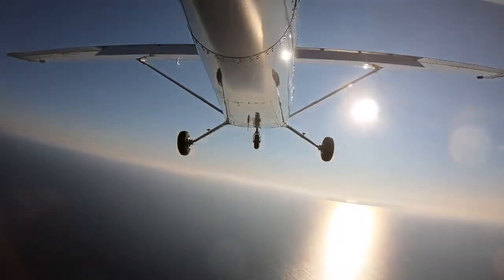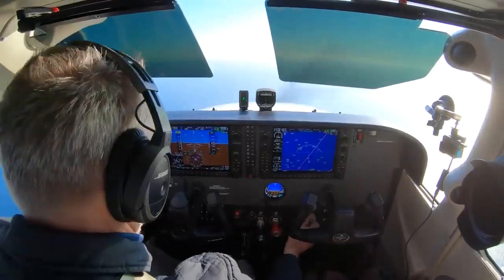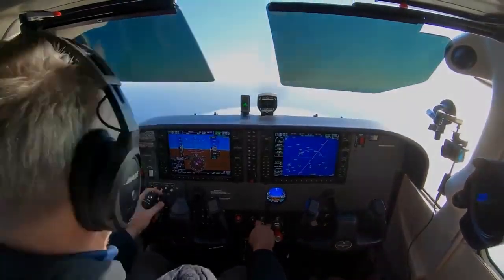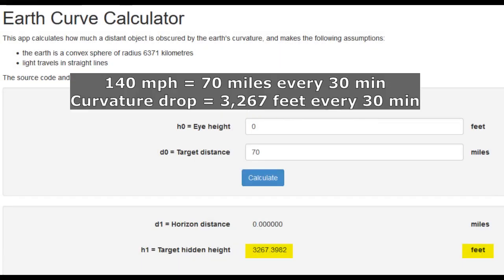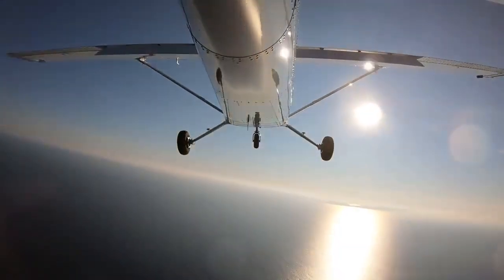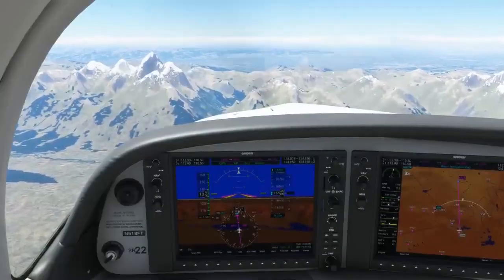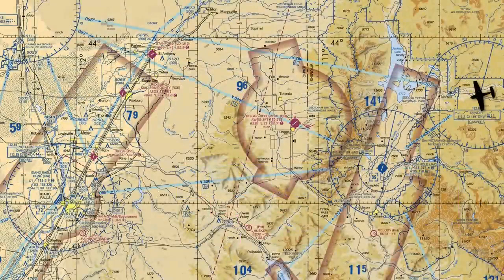But even a small Cessna 172 at 9,000 feet, traveling 140 miles per hour, would still have a curvature adjustment of over 3,200 feet in just 30 minutes. Regardless of altitude or speed, those curvature adjustments never happen. But that is not the point of this video, and this flat earth proof may even be better.